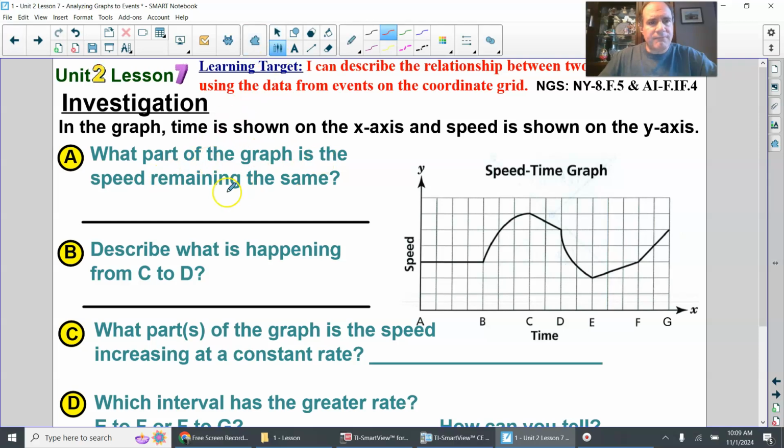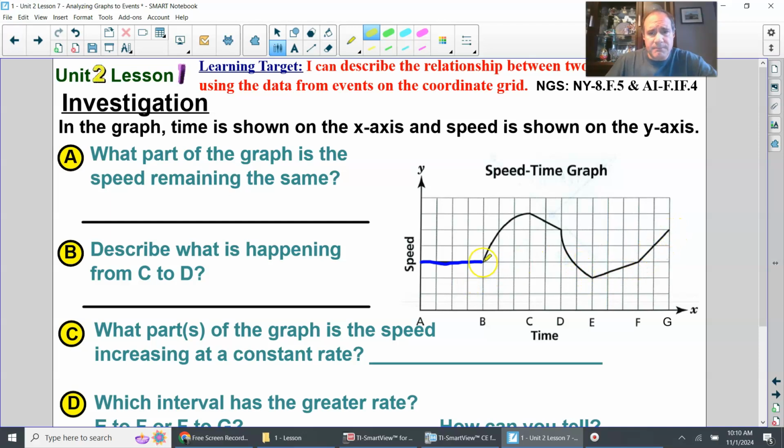What part of the graph is the speed remaining the same? So I'm going to grab my highlighter, and I'm going to go that the speed right here, and that's not a highlighter, but the speed is remaining the same right there. The speed is not remaining the same here or here. It's decreasing here or here or here.